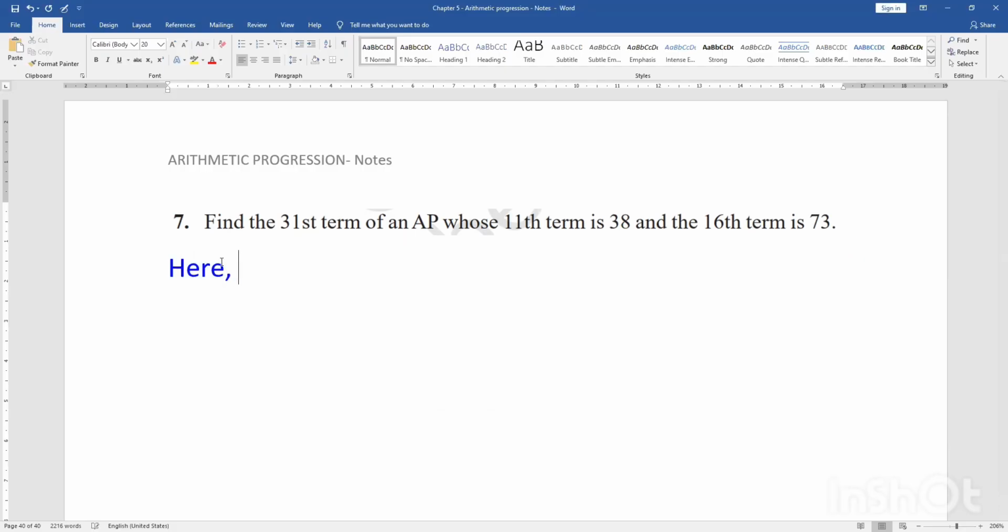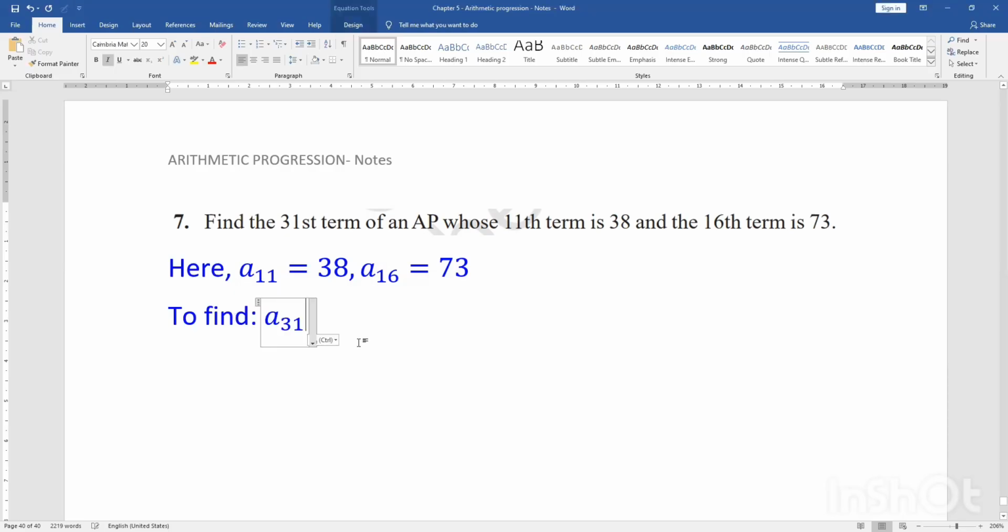We have A11 equals 38, and then we have A16 as 73. Now what we need to find out here is the 31st term, right? So A31 we need to find out.